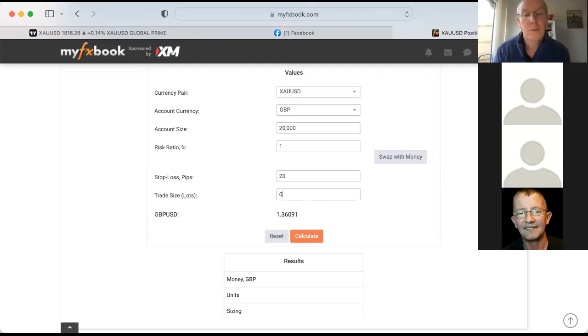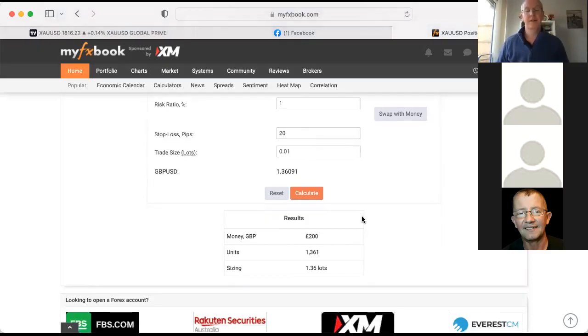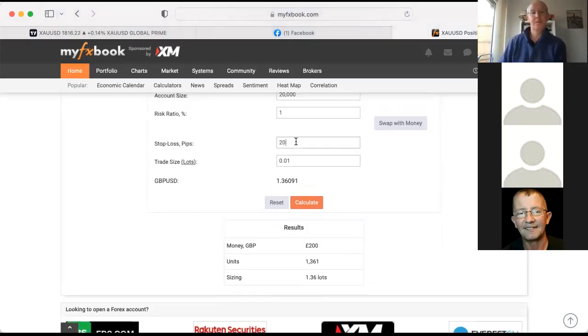You need to change it to 0.1. Sorry, 0.01. And then get your calculation. It'd be 1.36 on a 20 pip stop loss. If your stop loss is 50, it'll calculate it 0.54.